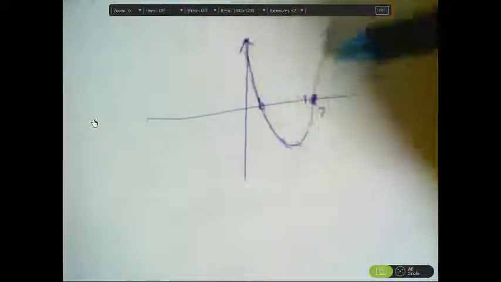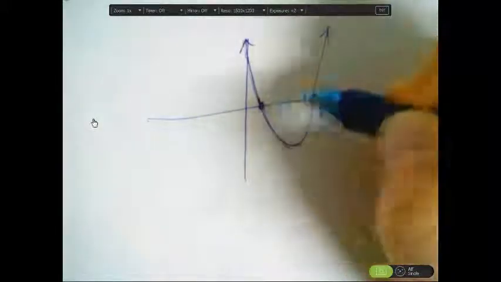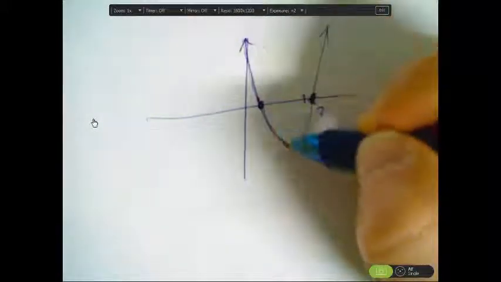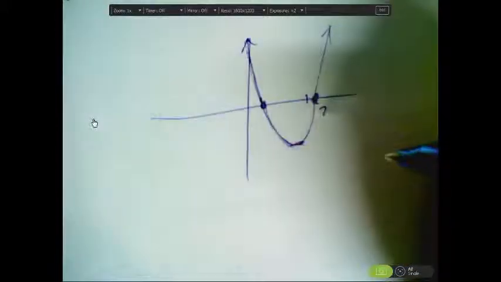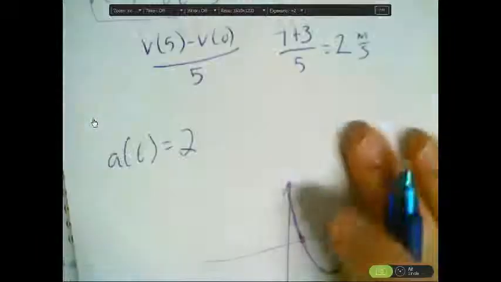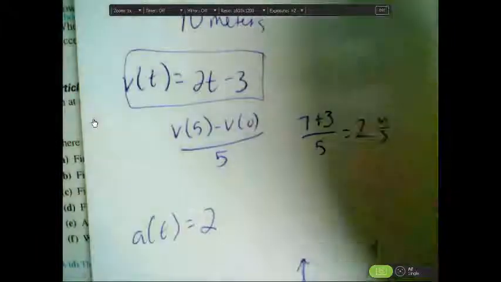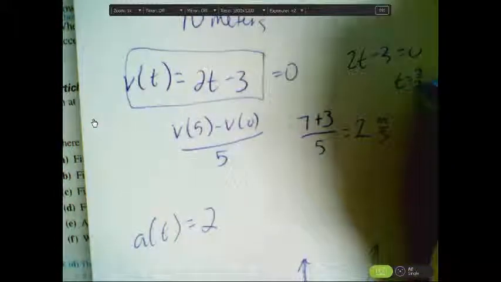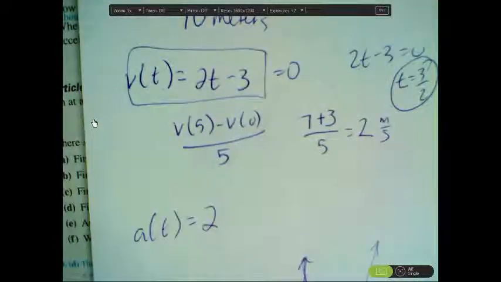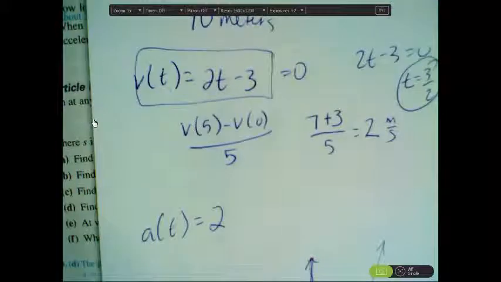When it's increasing, it's moving to the right. When it passes through the origin, that just tells you where its position is. But this is the point where it changes direction, and this is the point where the velocity equals 0. So we would take our velocity function, set it equal to 0, and solve. So at t equals 3/2, the particle changes direction.